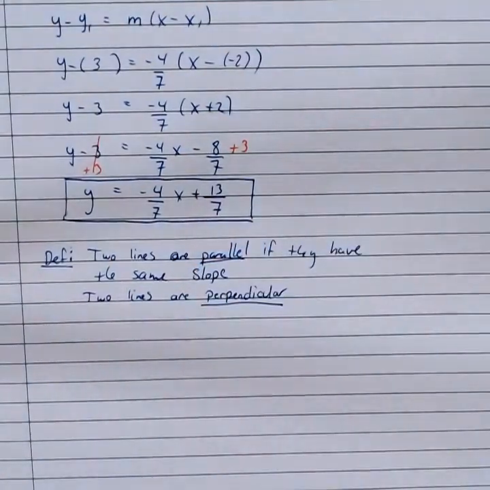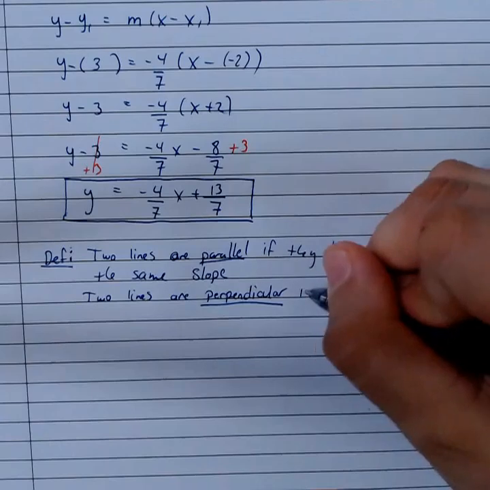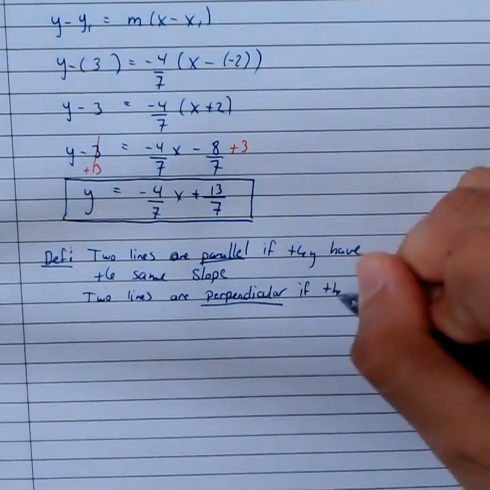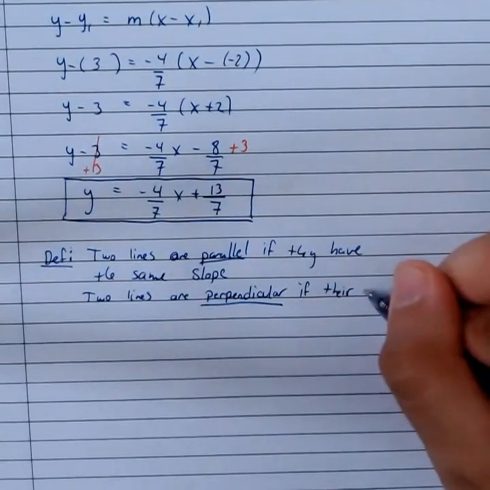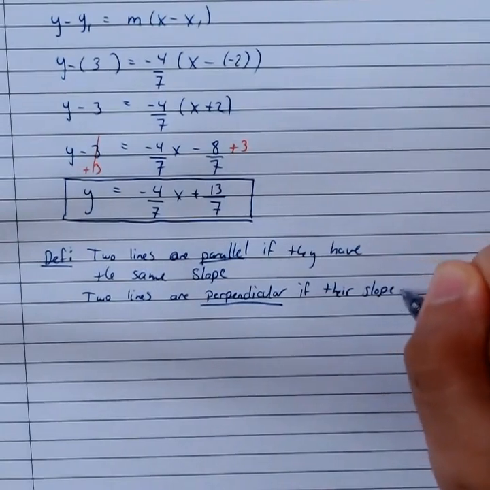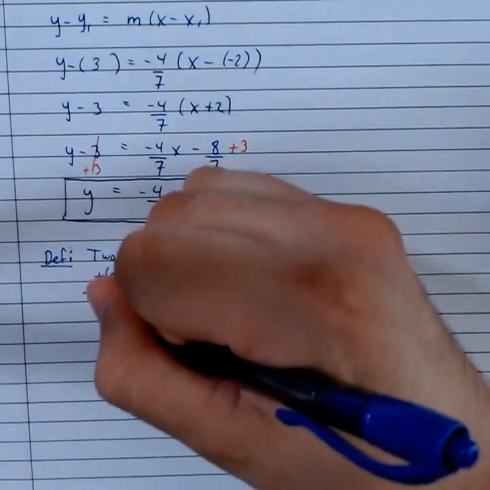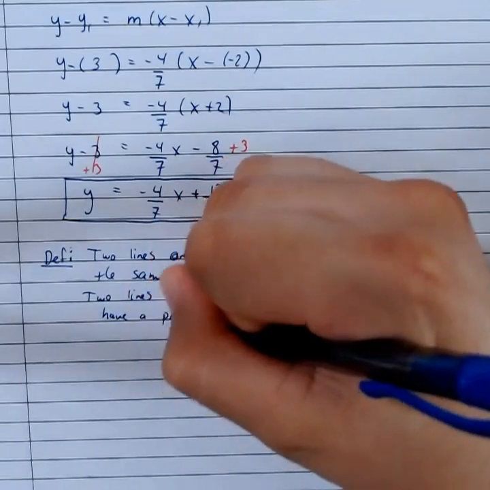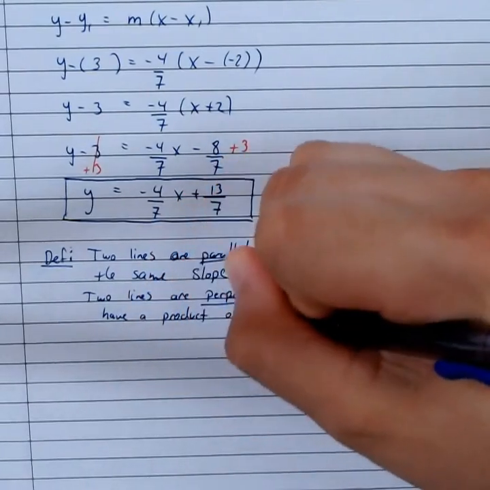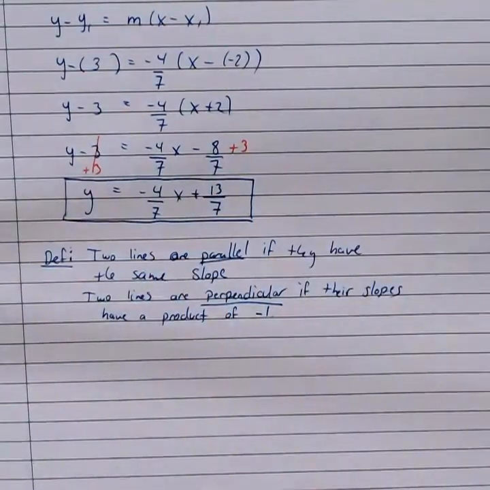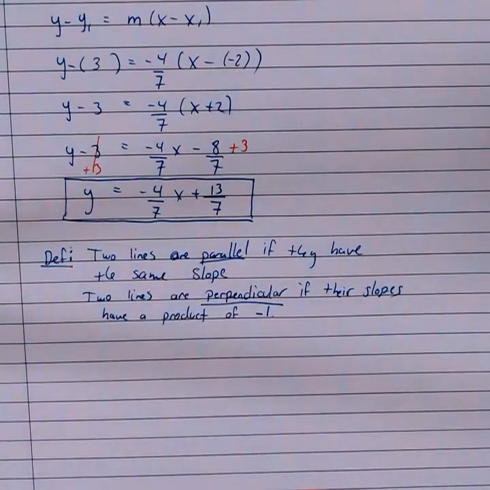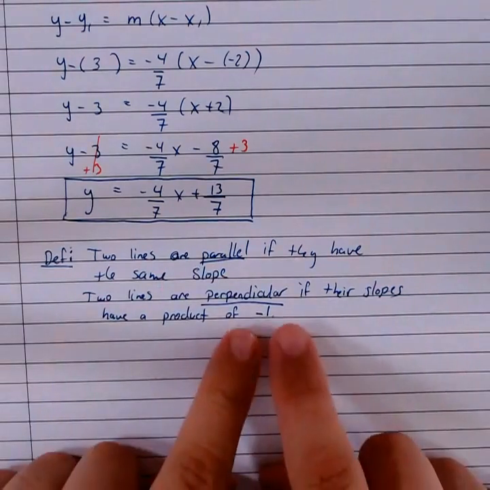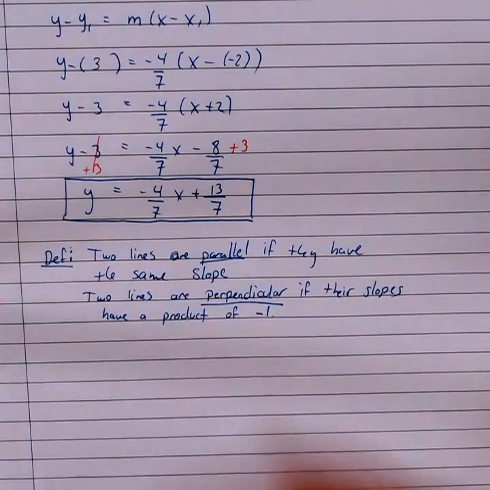Two lines are perpendicular if their slopes have a product of -1. If you take the slope of one line and the slope of another line and they're the same, then the two lines are parallel. If you take the slope of one line and multiply it times the slope of the other line and you get -1, then those lines are perpendicular.